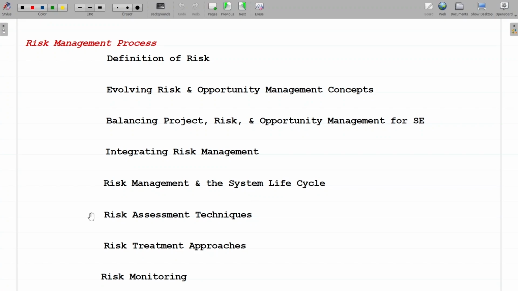Although a comparable set of published techniques for opportunity management is not available, it is notable that ISO IEC 31010 is not without mention of opportunity and contains the strength, weakness, opportunity, and threat analysis technique. In addition, many of the techniques in ISO IEC 31010 can be used to assess positive outcomes as well as negative outcomes.